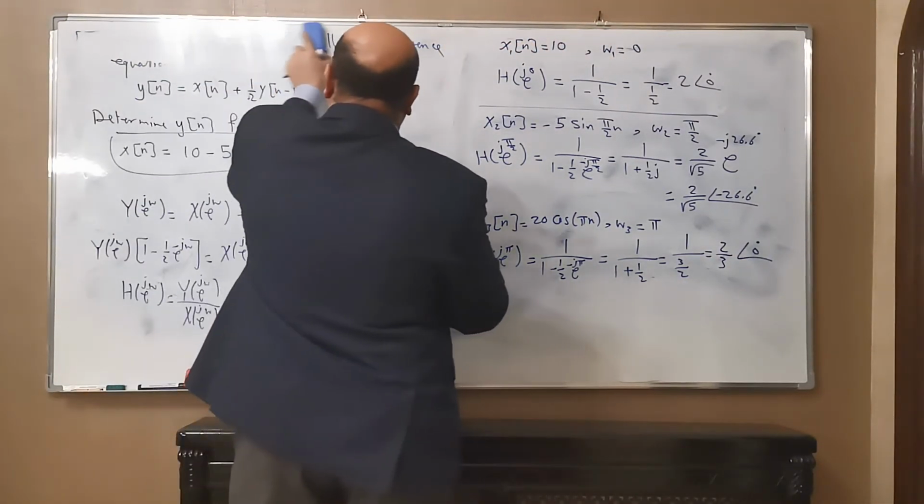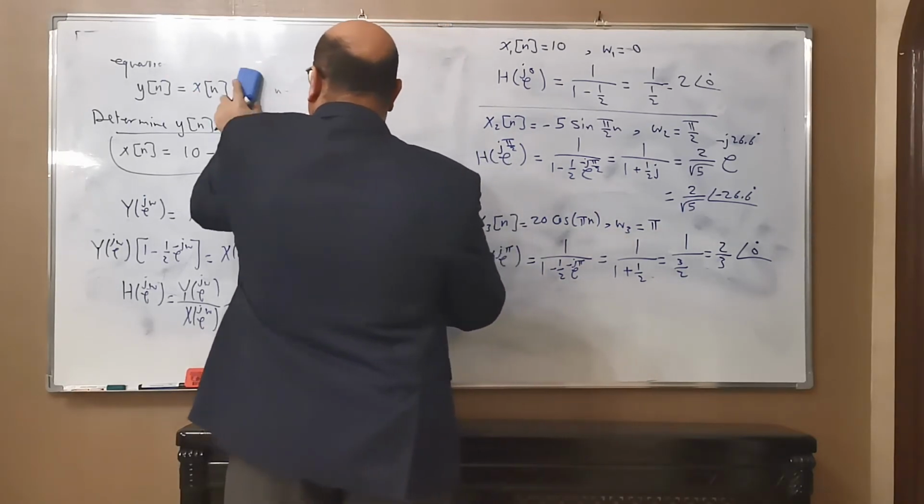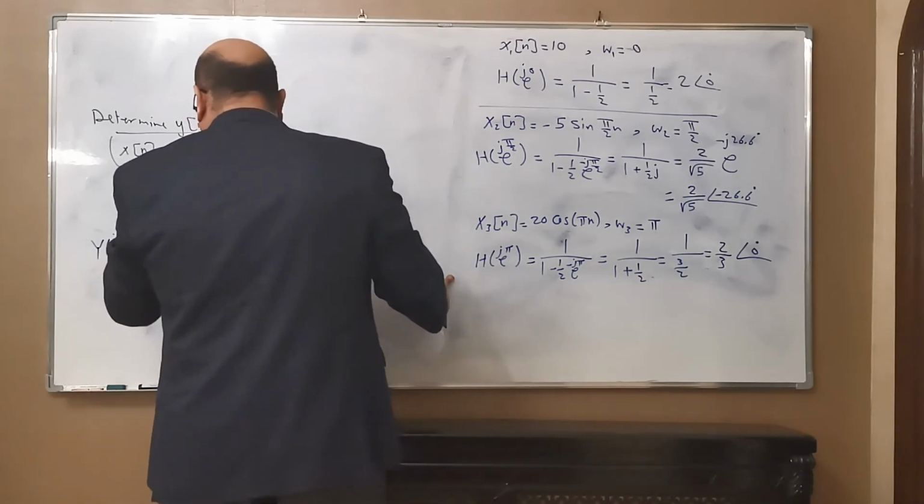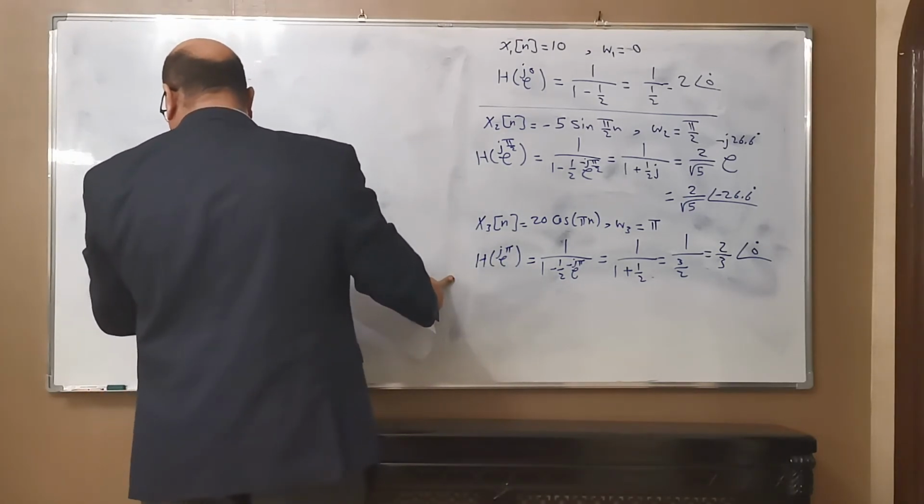So if we combine all those together, the magnitudes and phases for each component of the input, we can figure out what will be the output of the system.